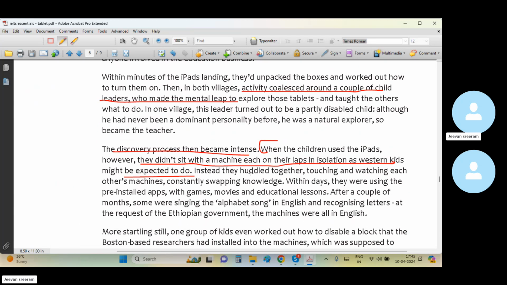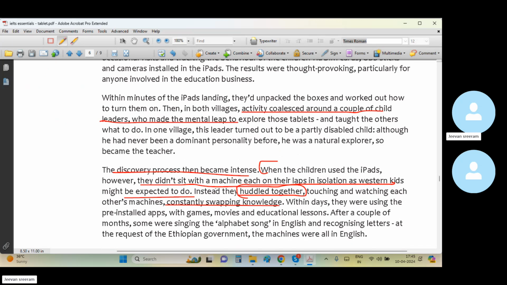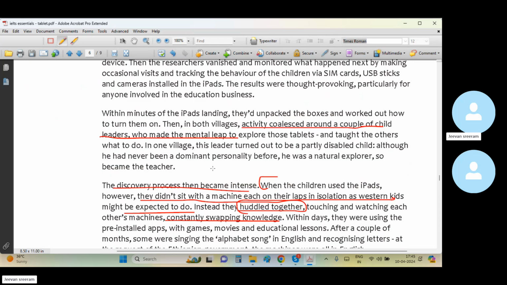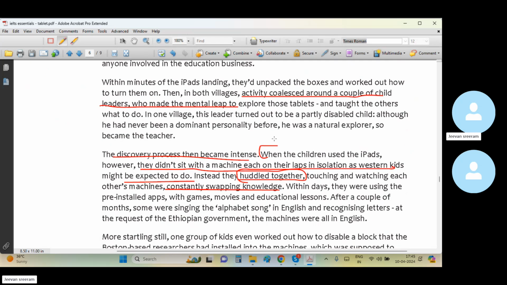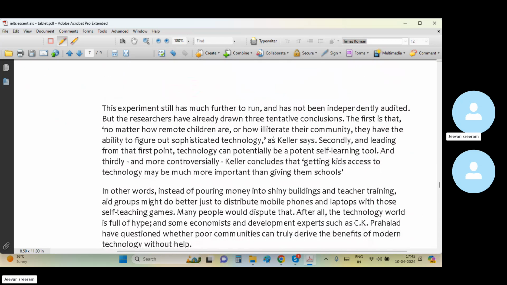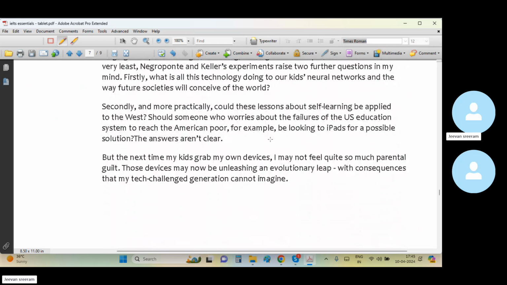And again you can see them huddled together, constantly swapping knowledge, right? So there is a clear difference between Western kids and these Ethiopian kids when it comes to handling the gadgets or learning from the gadgets.